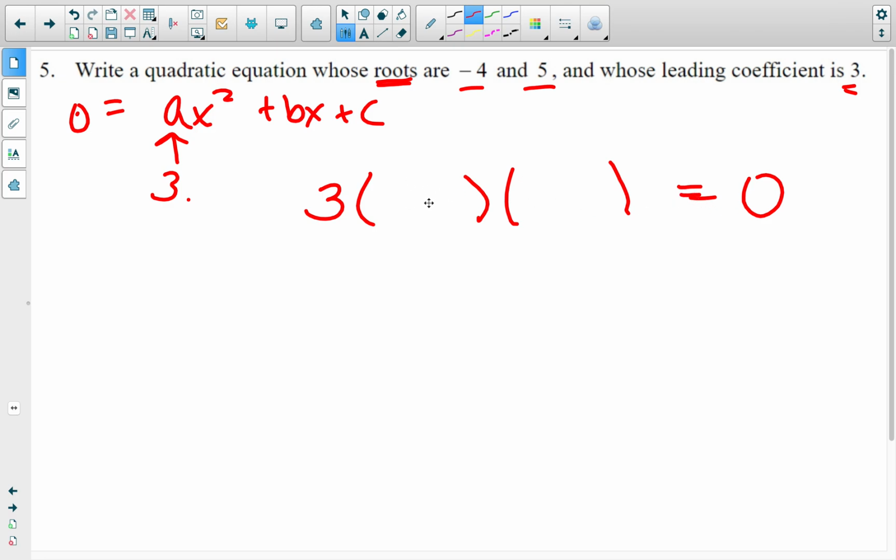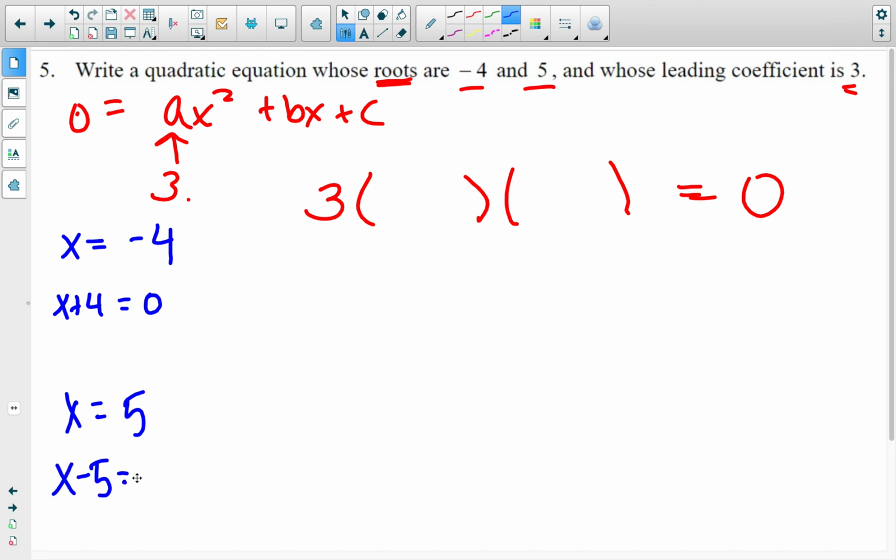And then what's going to go in these quantities are expressions that would give us roots of -4 and 5, right? So if x equals -4 and x equals 5, then x plus 4 would equal 0, right? By moving that 4 over. And x minus 5 would equal 0. And so these quantities, x plus 4 and x minus 5, are what I want to put here.